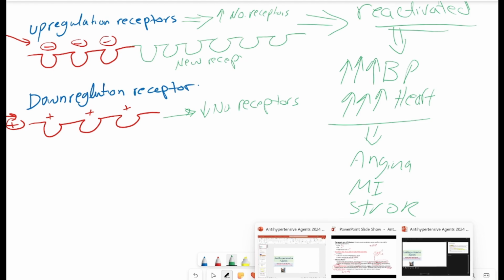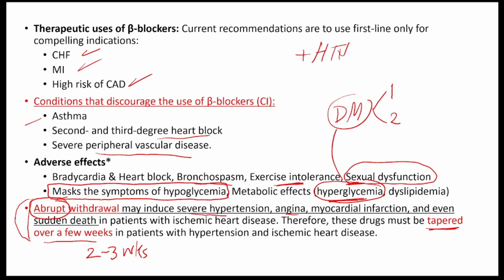Okay, I will go back to the slide. For this reason, as you can see here, we recommend the patient or the healthcare provider to stop this medication gradually, because otherwise the situation will be a hypertensive crisis.